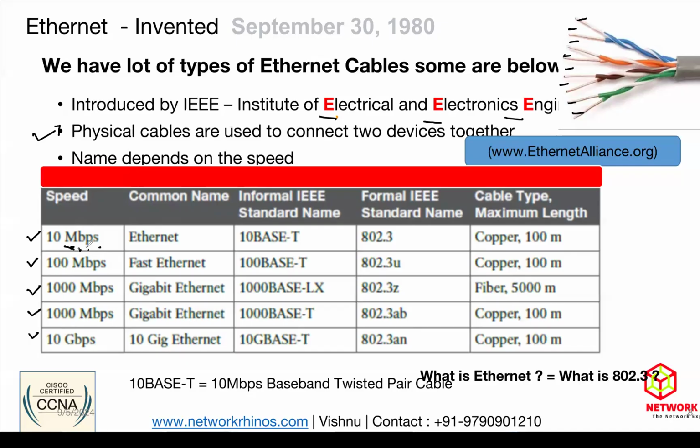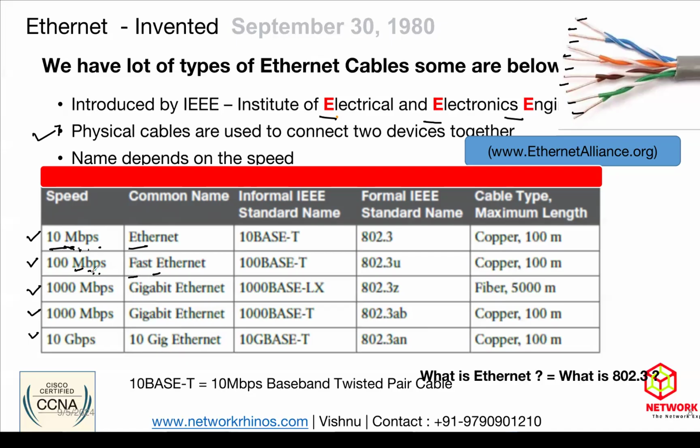Megabits per second. If you see a capital B, it means megabytes, not bits. So M is caps, megabits per second. Normally Ethernet means 10 Mbps.